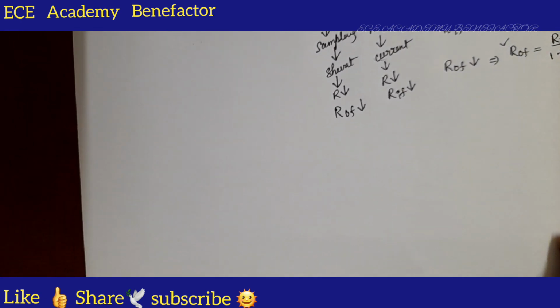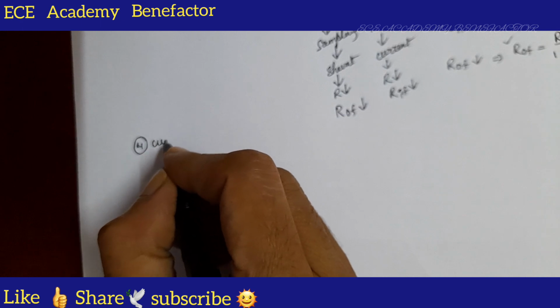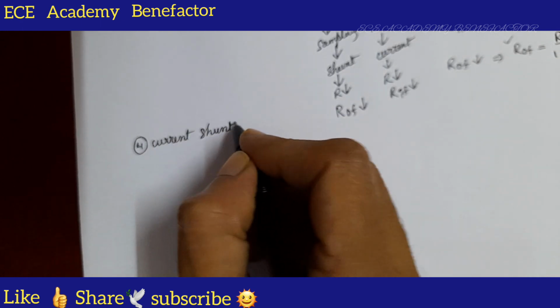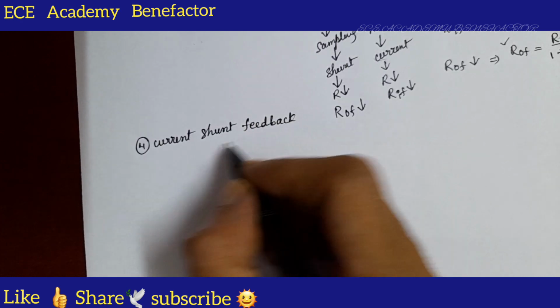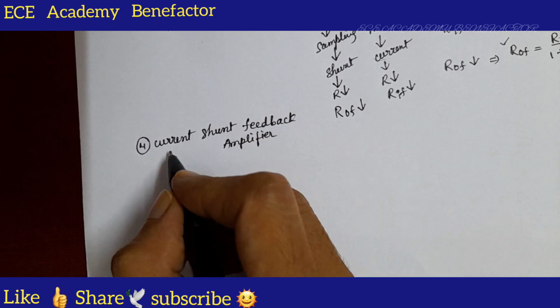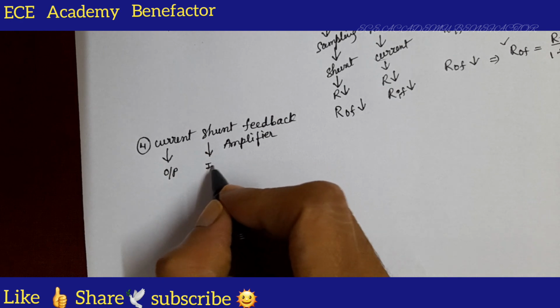Now the next one, the fourth feedback amplifier, is current shunt feedback amplifier. What's the first word? Output. What's the second word? Input.